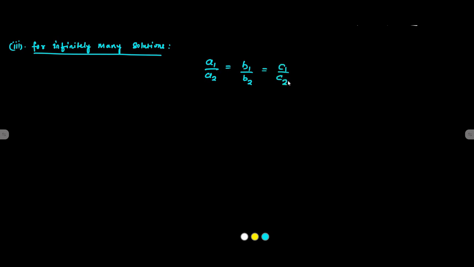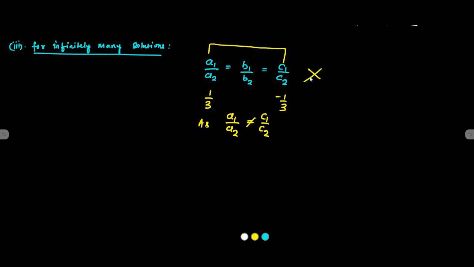Now again, we don't need to make much effort here, because from the previous case we have already shown that a1 by a2 is not equal to c1 by c2. a1 by a2 is 1 by 3 and c1 by c2 is minus 1 by 3. So this condition cannot be established.